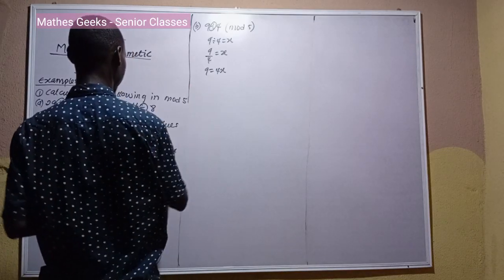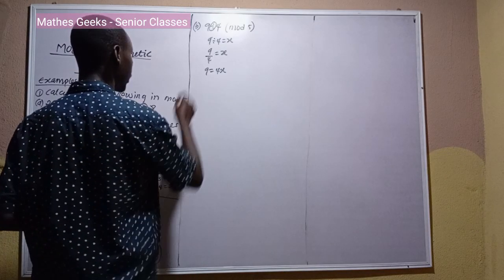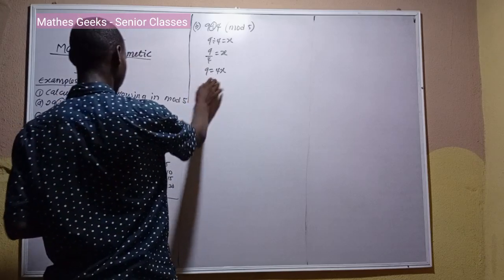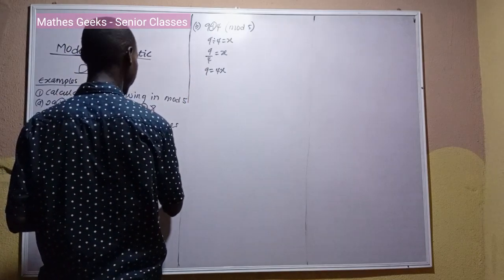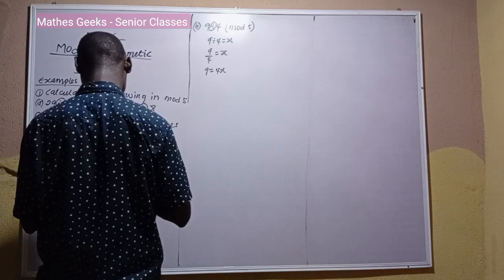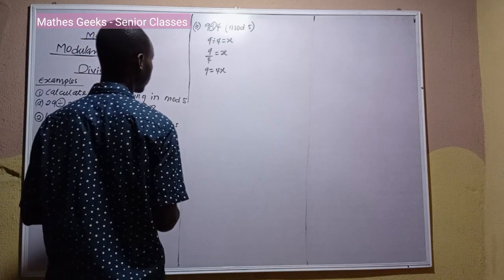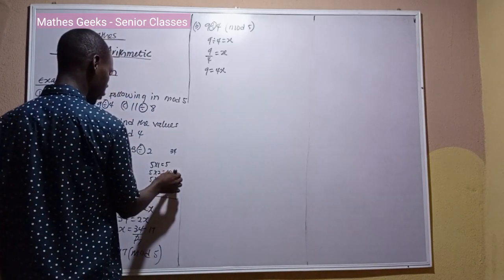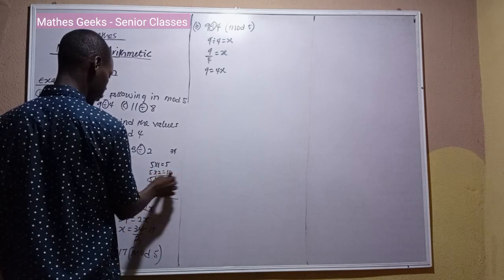5 times 2 is 10. 10 plus 9 is 19. 19 is not divisible by 4. So 5 times 3 is 15. 15 plus 9 is 24. 24 is divisible by 4. So we go with this multiple.